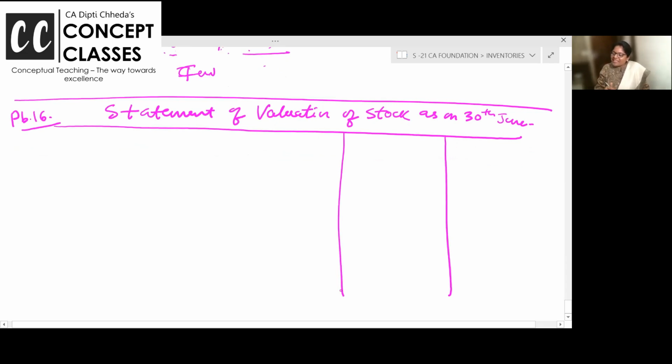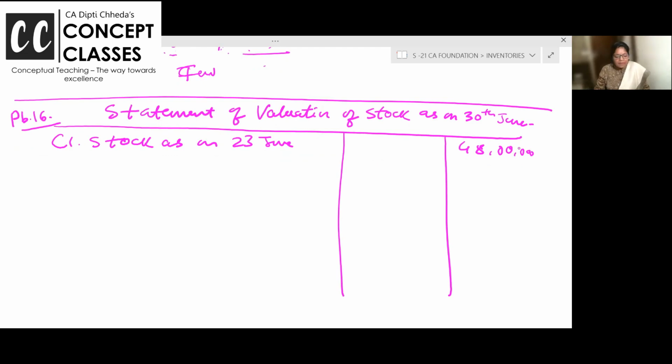And this time we have taken stock earlier. Closing stock as on 23rd June. How much it is on 23rd June 2020? 48 lakhs. First adjustment. Out of the goods sent on consignment, goods worth 240 were unsold.